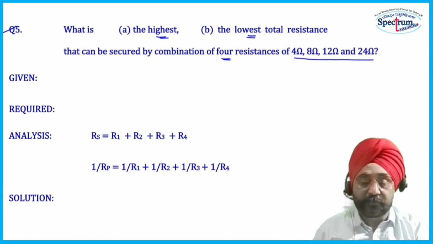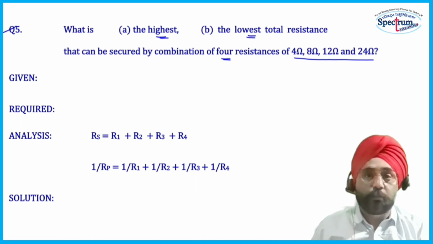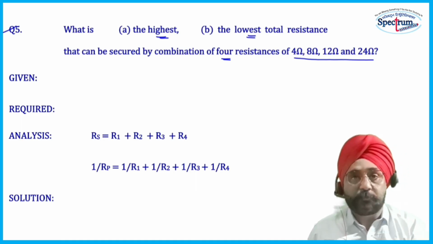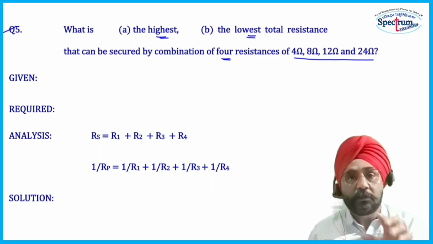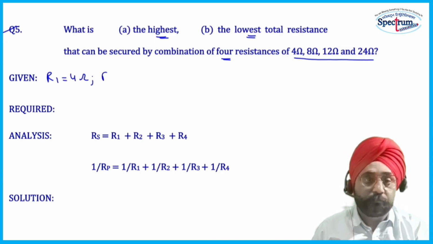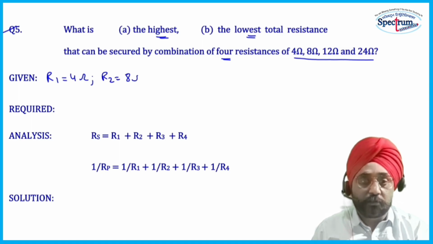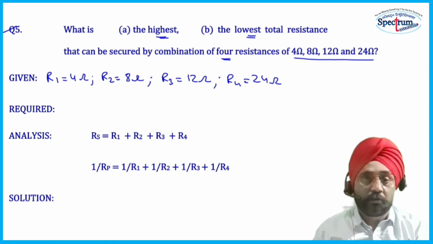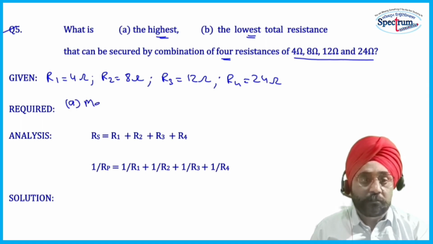We are given four resistances, and from these four we need to find the maximum and the minimum resistance. So given is R1 is equal to 4 ohm, R2 is equal to 8 ohm, R3 is equal to 12 ohm, R4 is equal to 24 ohm.